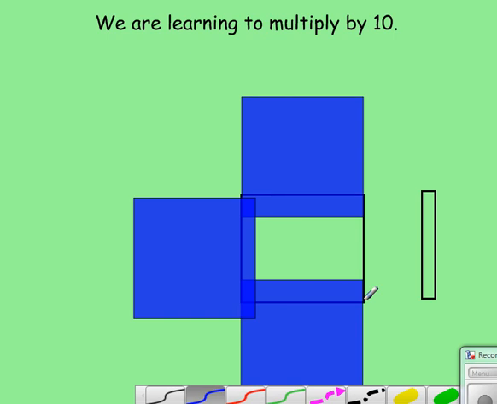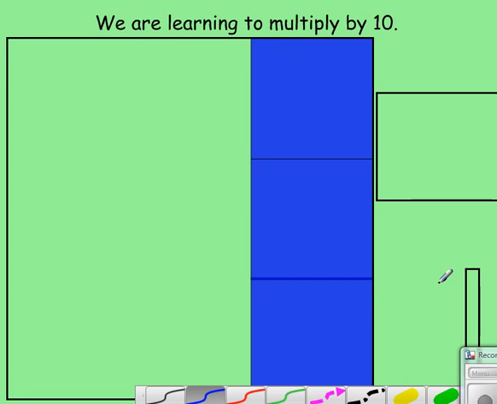So we have to move them to another column. So here we've got our tens column, and here we've got our units column, and this area here is our hundreds column.